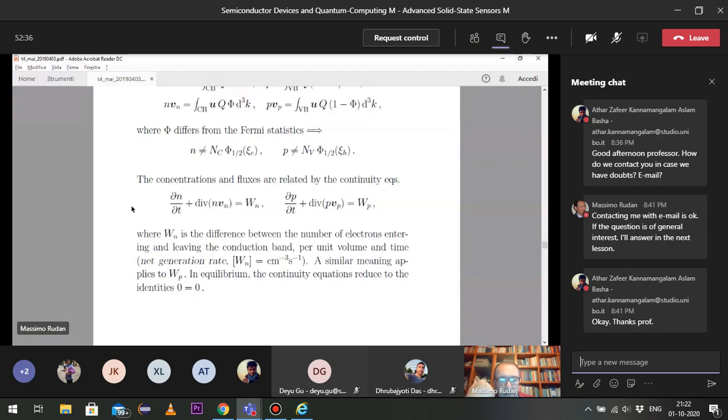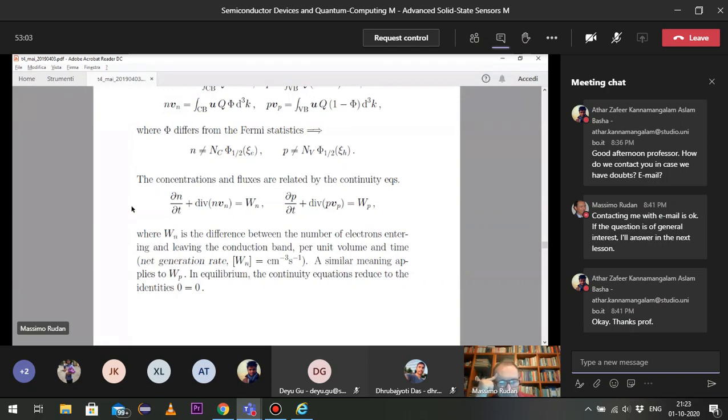If another electron comes from the valence band into the conduction band without moving, okay, so staying within the volume that we are considering, but changing its energy, then we also should count it as a positive contribution to function Wn. And the same analysis applies to the holes in reverse, okay?